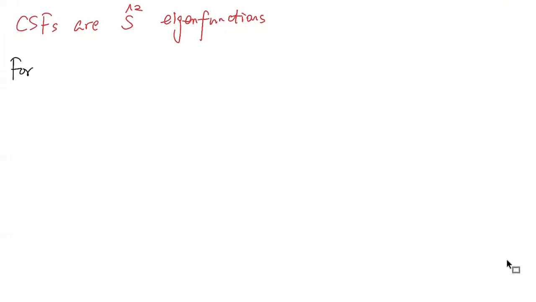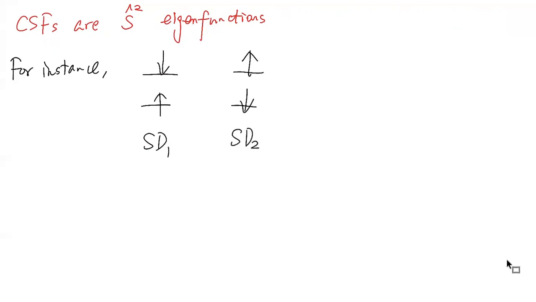So for the example we mentioned previously, if we have one down, one up, you can have a particular Slater determinant, and of course, this is not a spin eigenfunction. But you can also look at another arrangement, one down, one up, and this is another Slater determinant. This is spatial orbital A, this is spatial orbital B. And SD2, of course, itself is not a spin eigenfunction either.